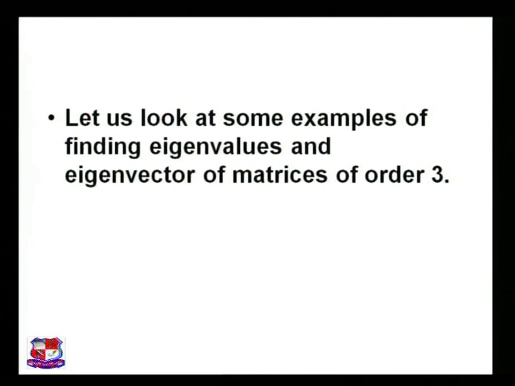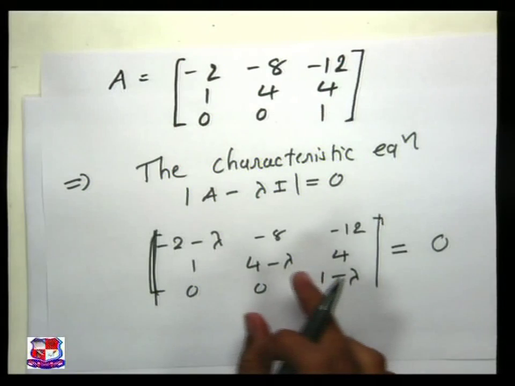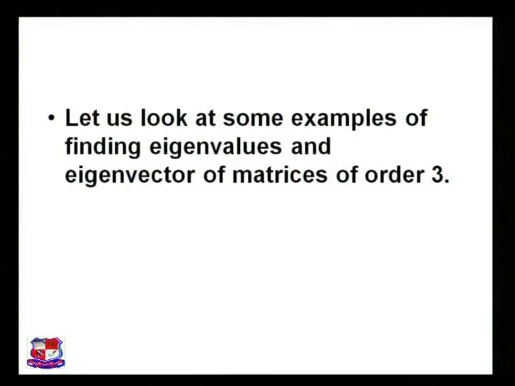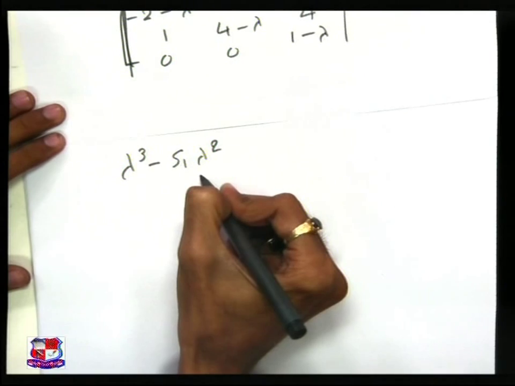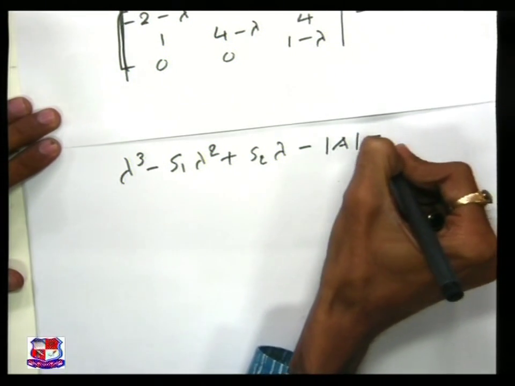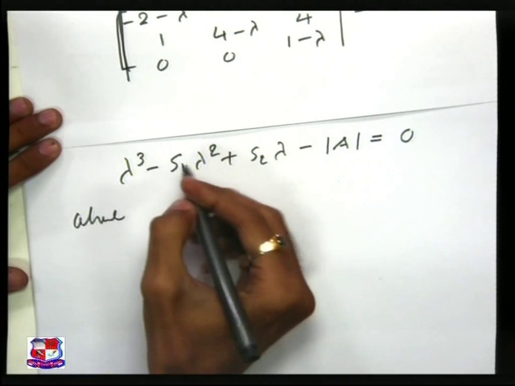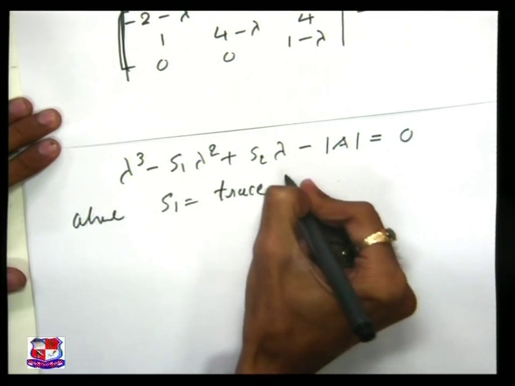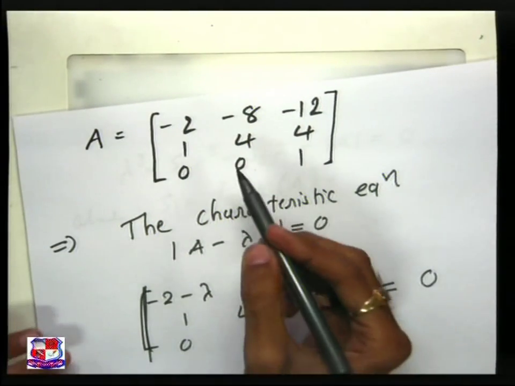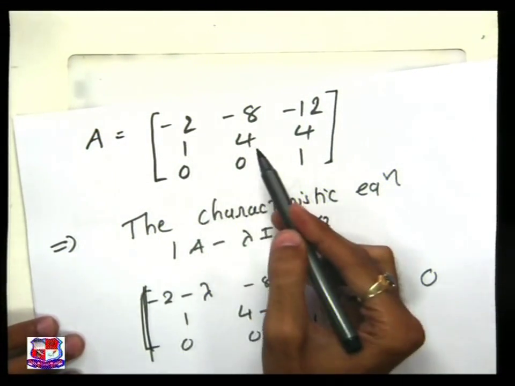There are two methods to expand it. By directly using the definition of the determinant we can find the expansion, or if we want to use the theorem, the theorem says that the expansion of this determinant is λ³ - s1 λ² + s2 λ - determinant of A = 0, where s1 is equal to the trace of A. For this example, the trace of A, that is the sum of all diagonal elements, is -2 + 4 + 1.